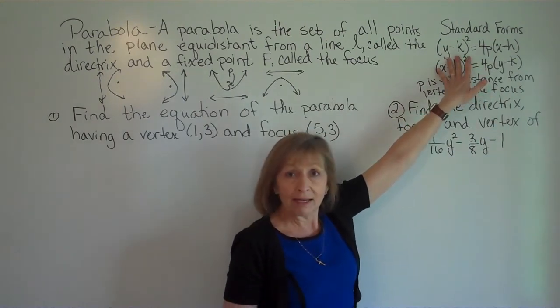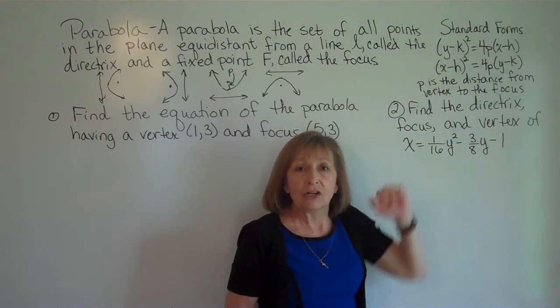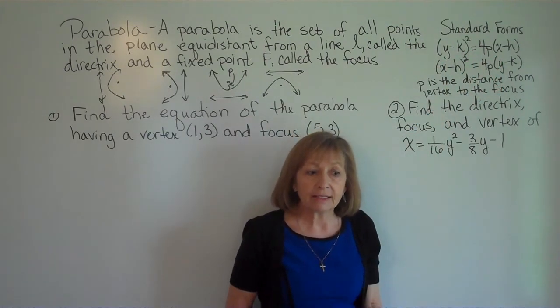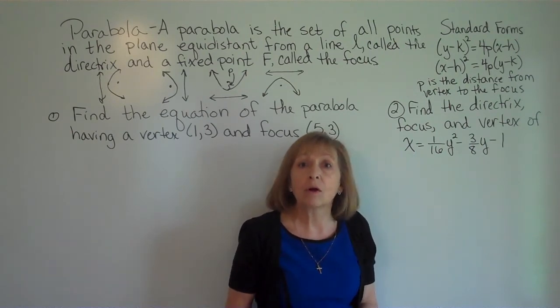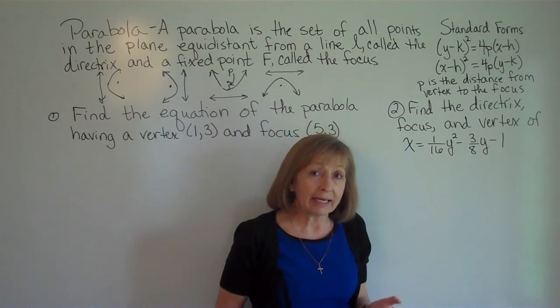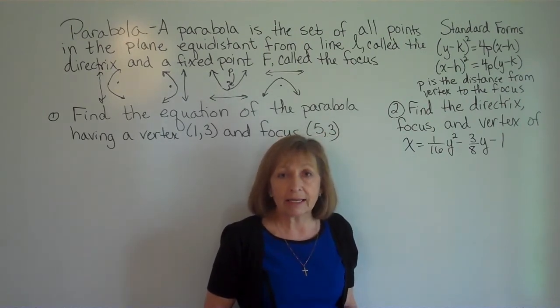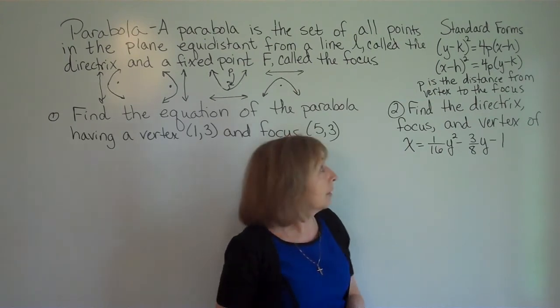So if it's y minus k squared is equal to 4p times x minus h, those are the parabolas, well, if the y is squared, those are the parabolas that go right or left. And it's opening to the right if your coefficient 4p is a positive number, and it'll open to the left if your 4p is a negative number.